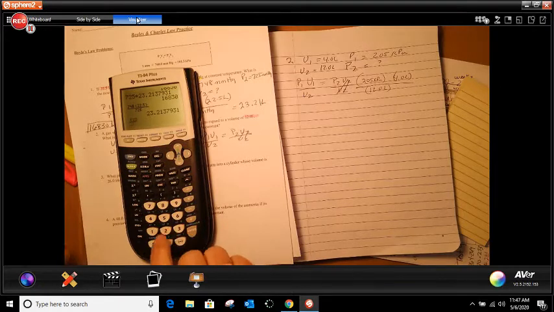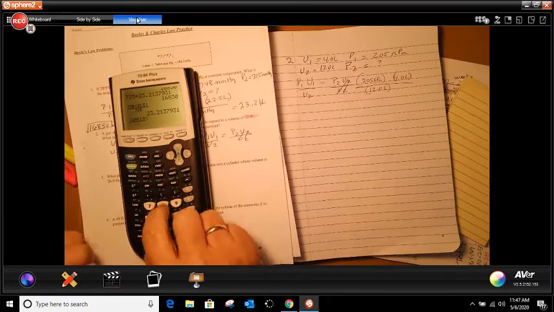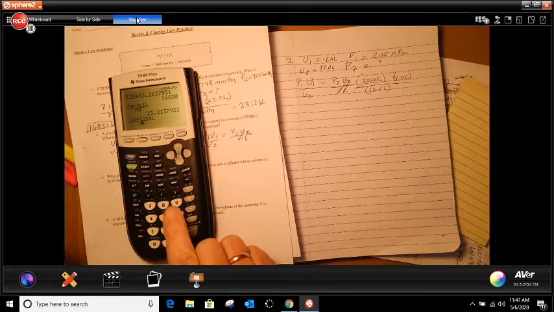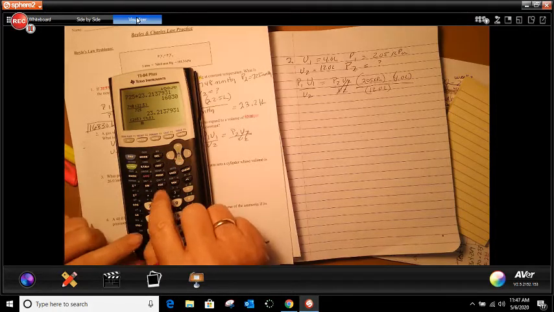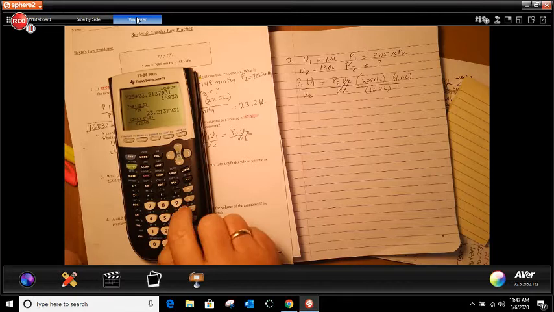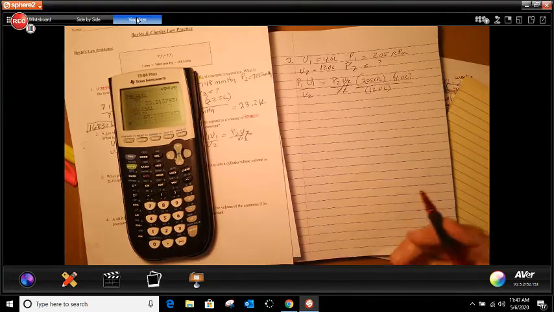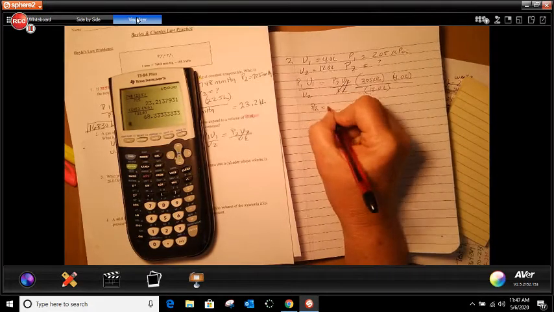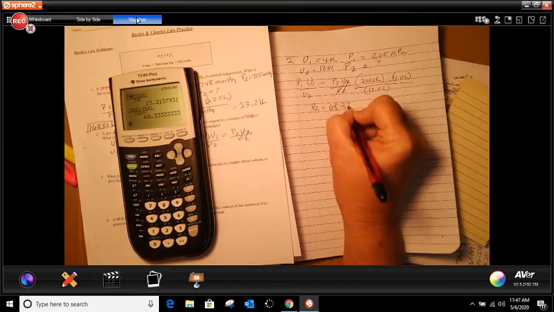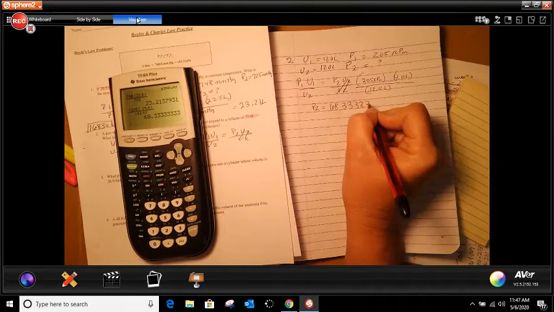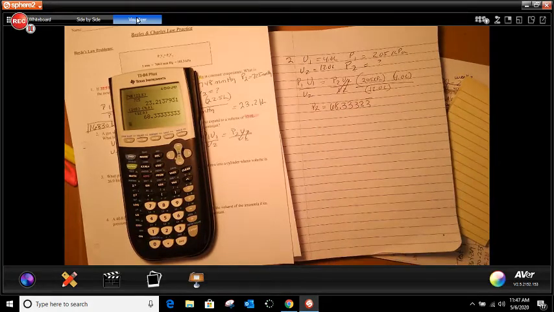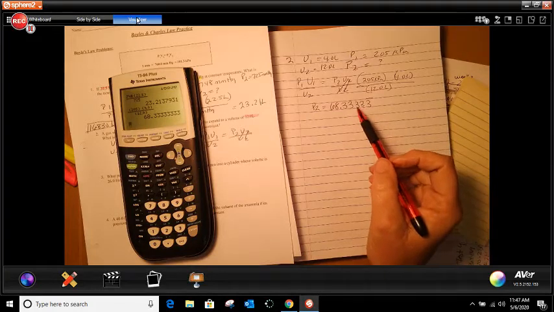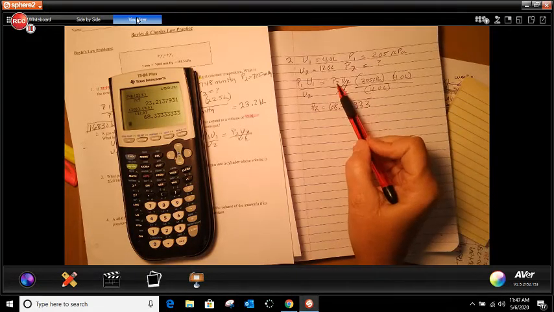Open bracket, 205, close bracket, open bracket, 4.0, close bracket, down, open bracket, 12.0, close bracket, enter. And for my pressure 2, I get 68.3333 repeating.